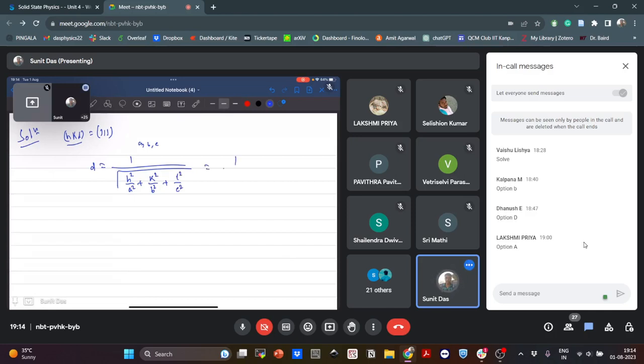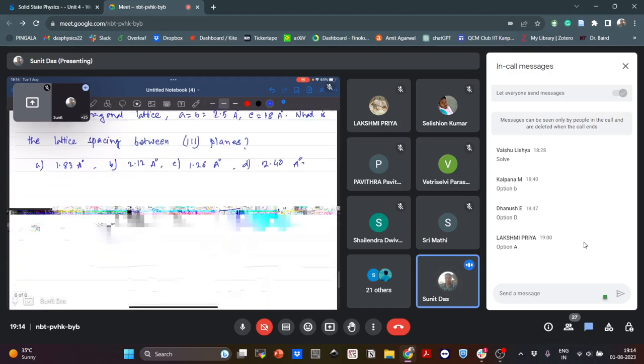So in our case, h k l is 1 1 1, A and B are 2.5 each, and C is 1.8, in Angstrom. If you calculate this, you'll find it will be 1.26 Angstrom. That means option C is correct.